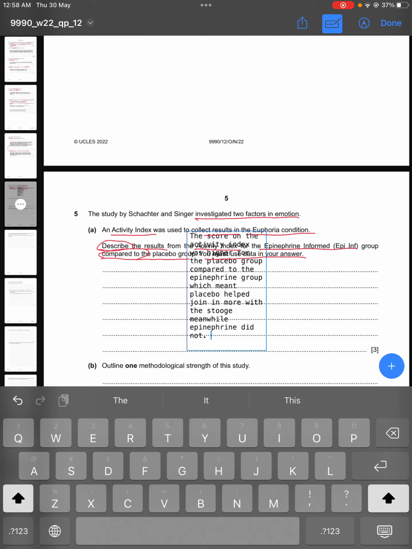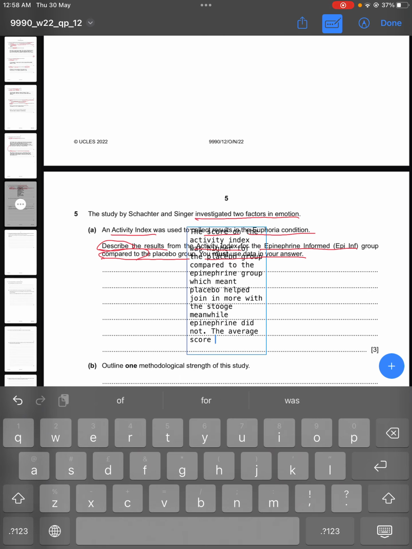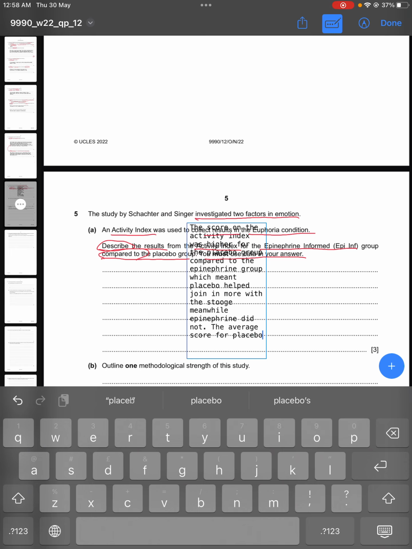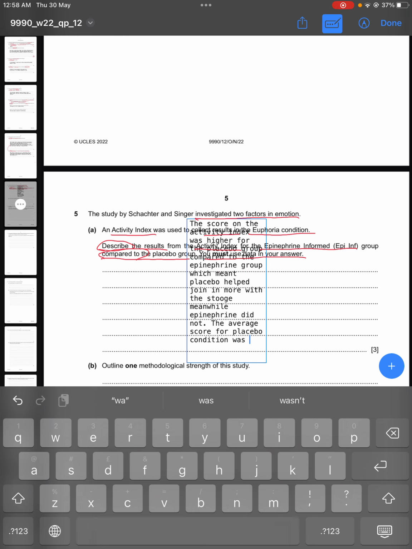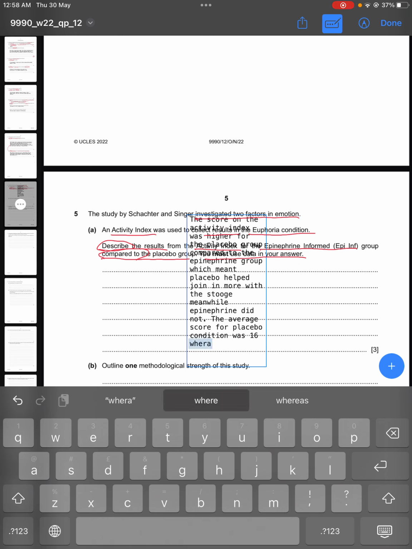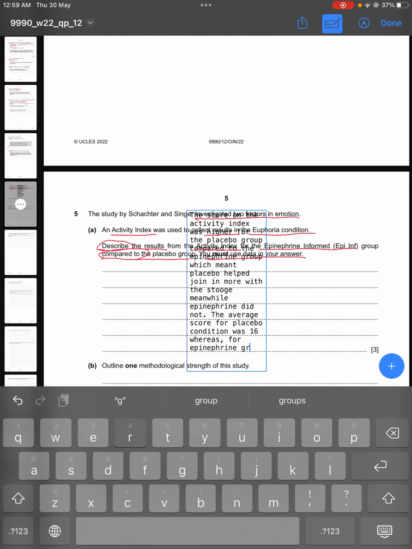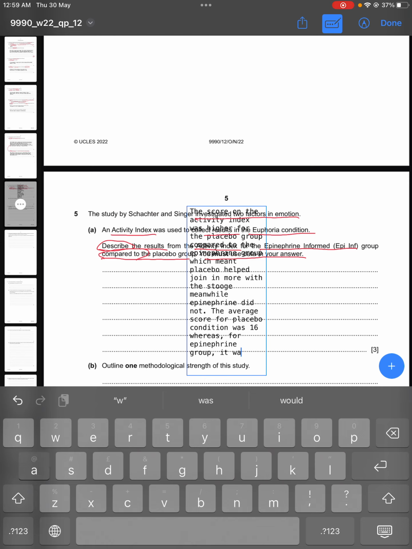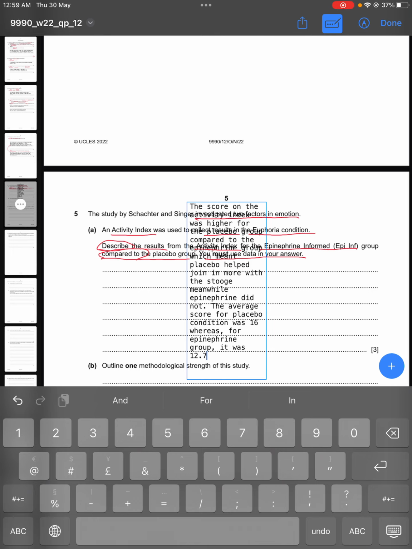And for this, you can write the data that the average score for placebo condition was 16, whereas for epinephrine group, it was 12.72.